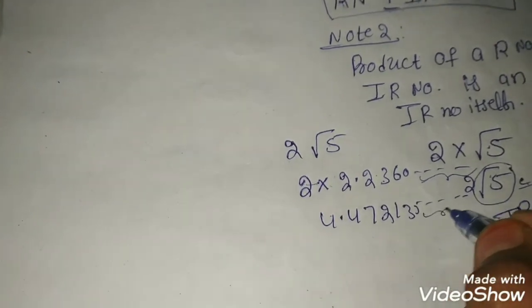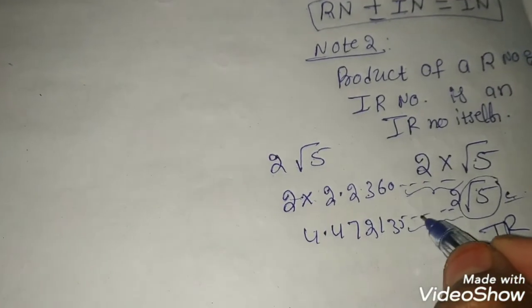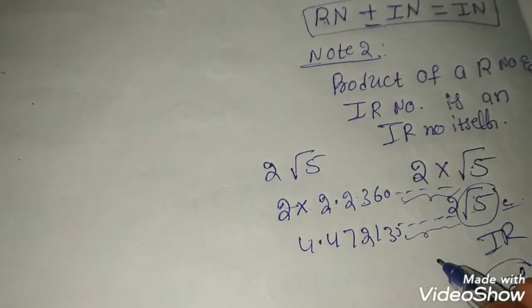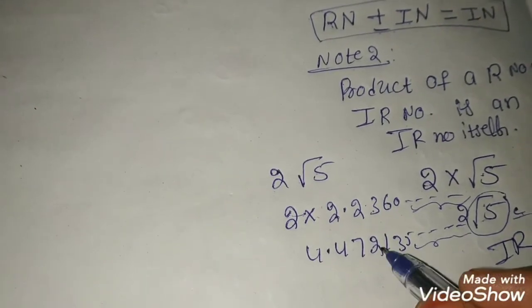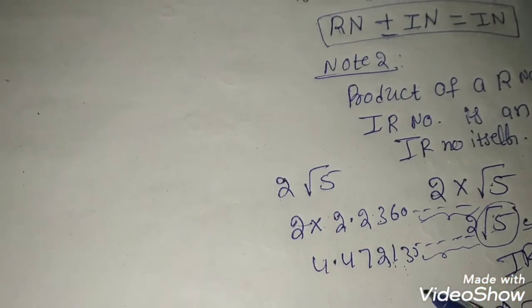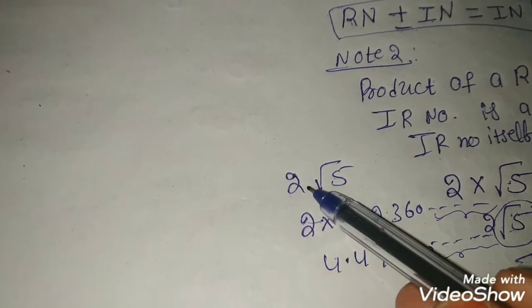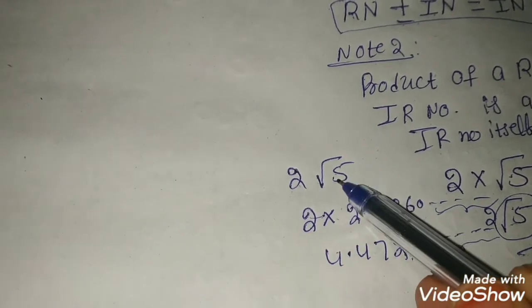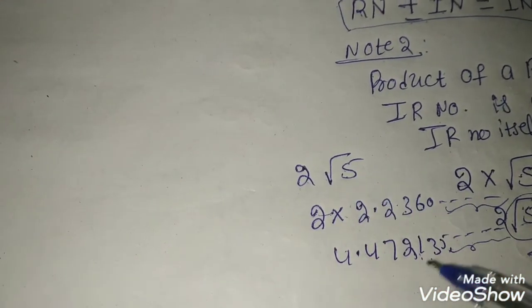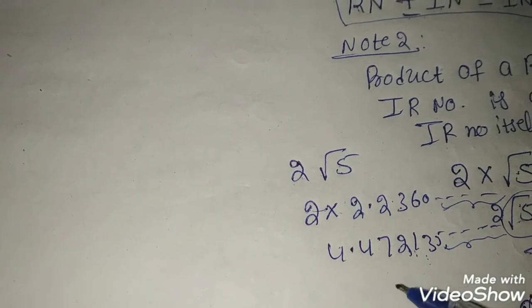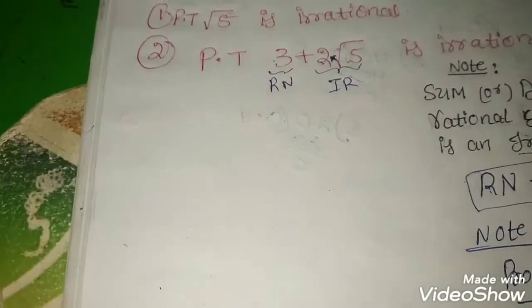Here also the decimal goes on, so this is also an irrational number. You can take any number. For example, the multiplication of a rational and an irrational number gives an irrational number itself. Understand? So let's start our solution here.